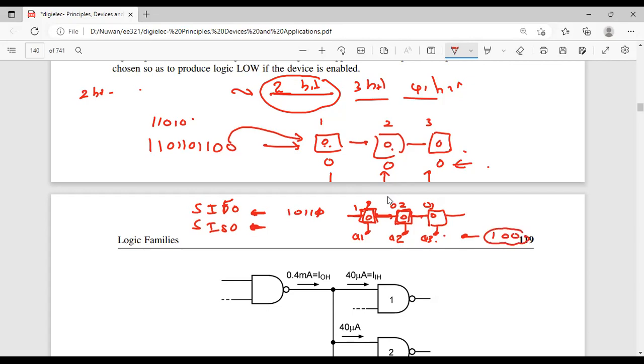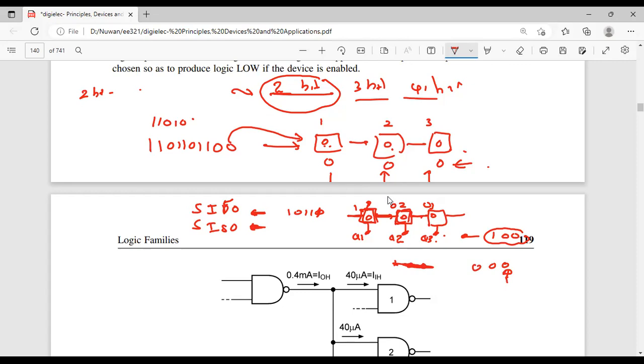But if it is serial output, it is output in another way. Serial output means you first output the Q3 bit, second the Q2 bit, third the Q1 bit. Serial output means you get only 1 bit in 1 clock cycle, so as the output you have to write only 1 bit.